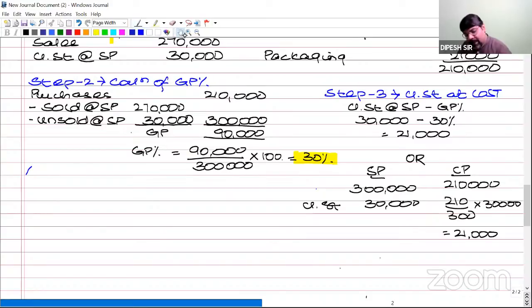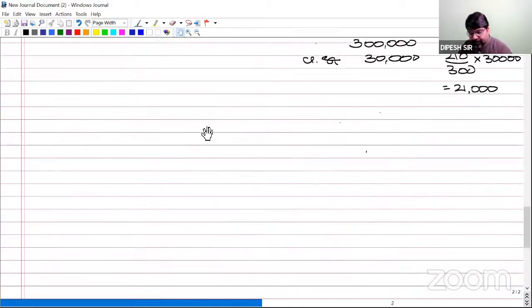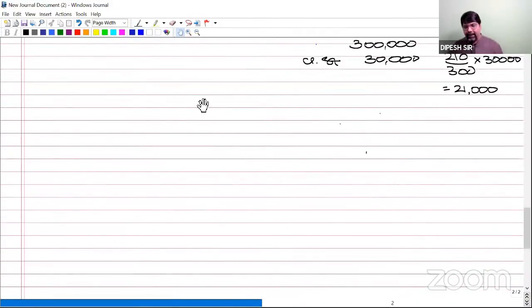So chartered, we are done with principles of inventory valuation. Now we'll do techniques of inventory valuation.